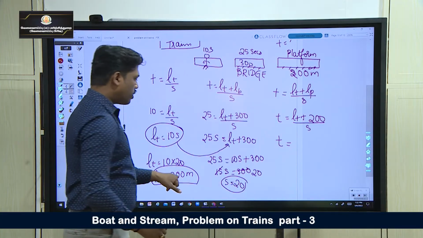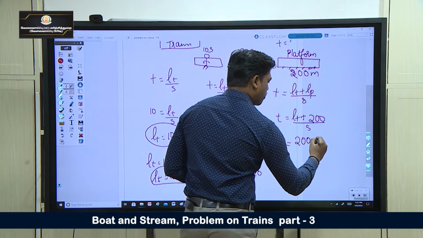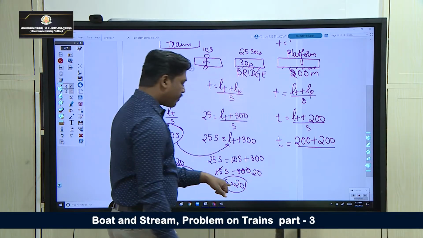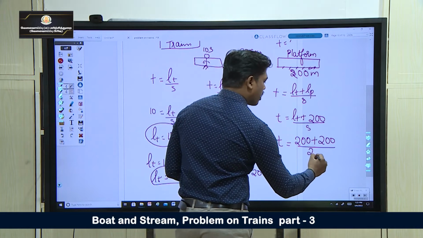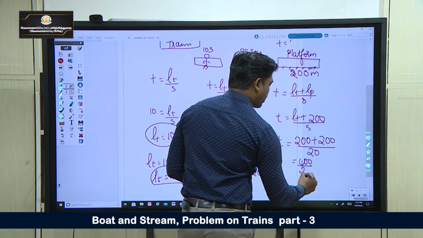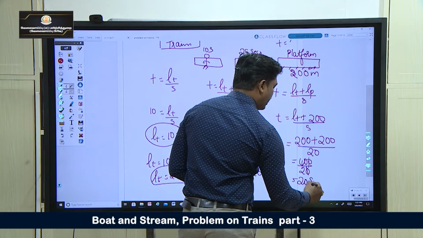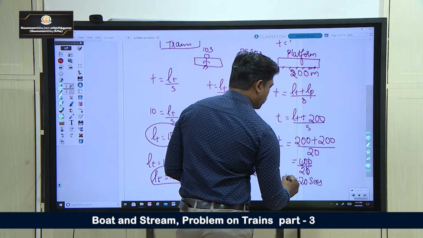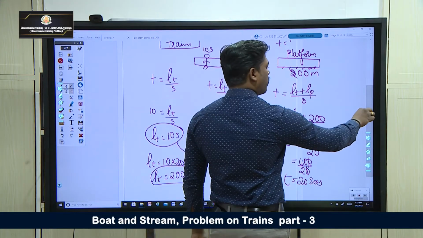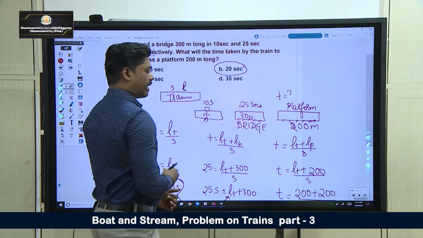Length of train is 200 meter plus 200, divided by speed of train, 20. So it is 400 divided by 20. So you will get 20 seconds. So in 20 seconds the train crosses the platform. Okay. So your answer is 20 seconds.